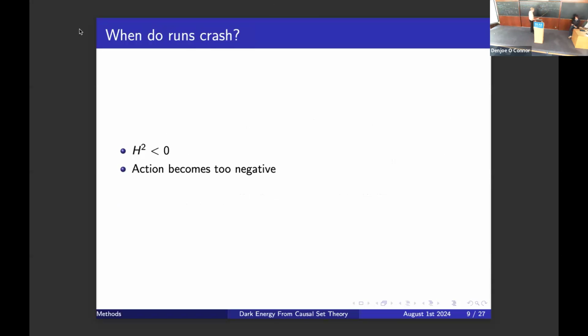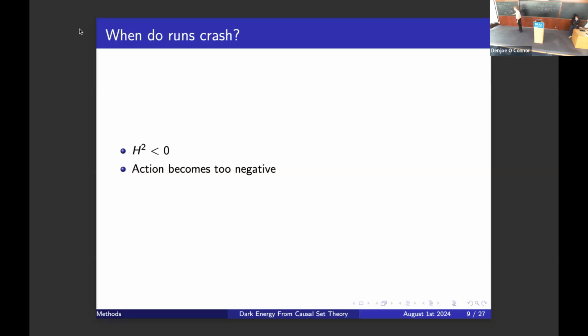This term here is always positive, and it's always decreasing as a gets bigger. So sometimes your lambda can become too negative, and that's when the whole right-hand side of the equation becomes negative, and you end up with a crash run. The reason your lambda becomes too negative is because your action becomes too negative, because of the way you're dealing with that.